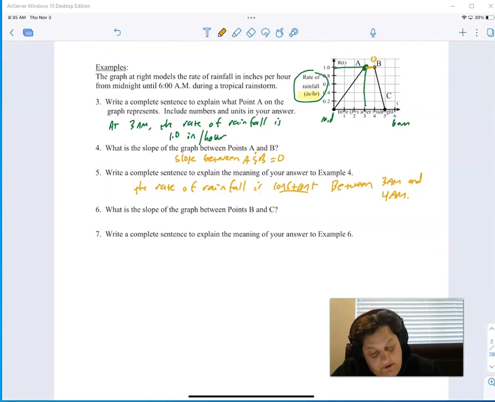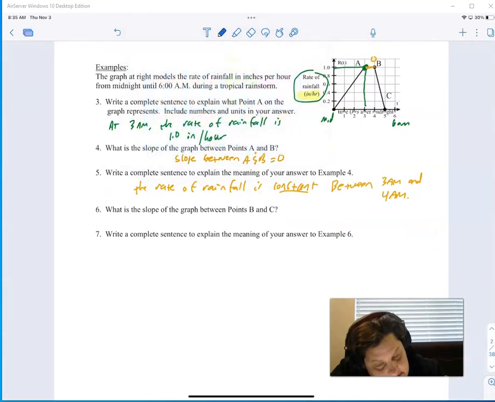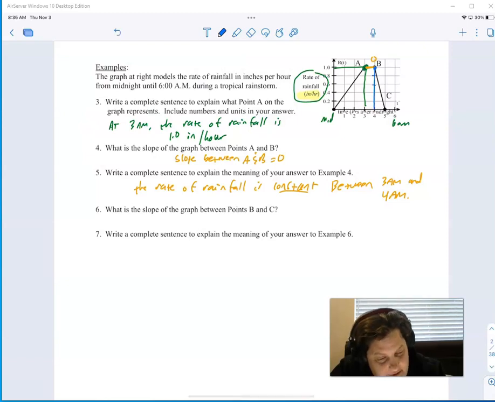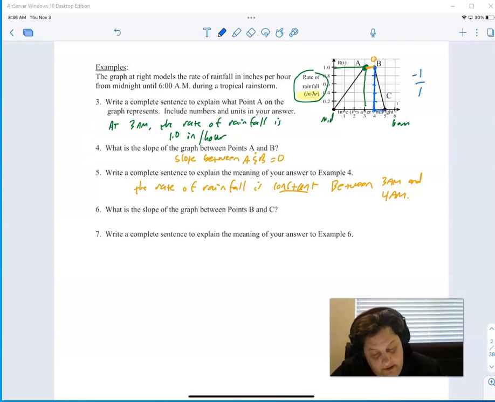What is the slope of the graph? This goes down. Now be careful, don't count the squares. It goes down 5 squares, but it's really only going down 5 over 5, so it's negative 1.